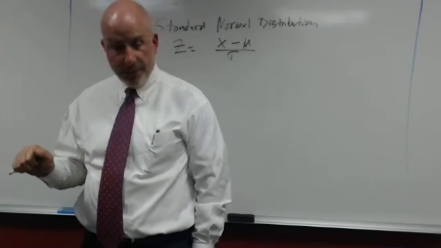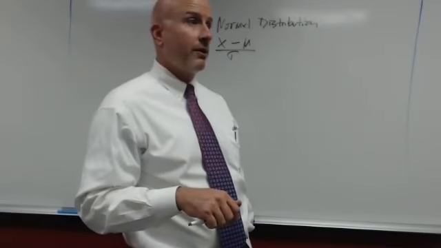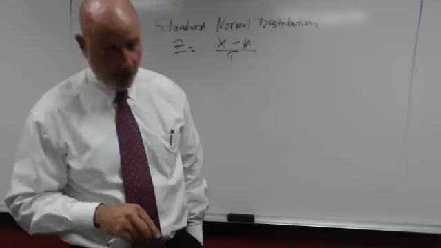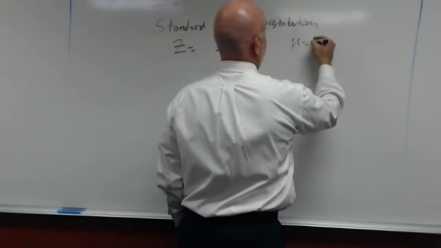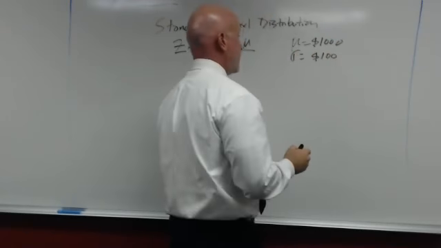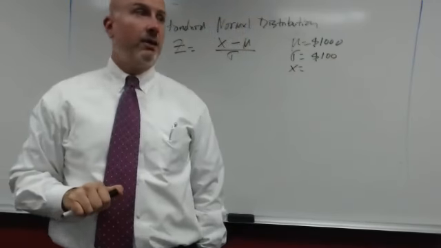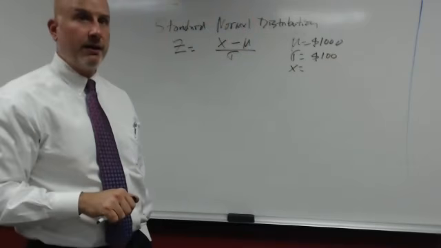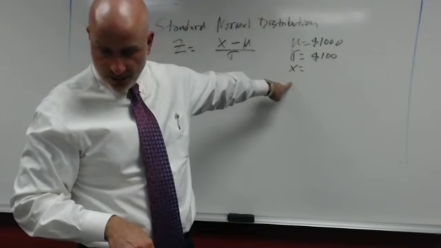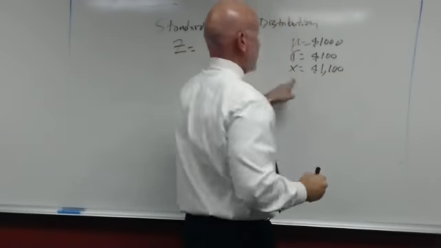In this example, the mean is 1,000 and the standard deviation is 100. We want to know the likelihood that a foreman earns $1,100. So 1,100 becomes our observation of X.